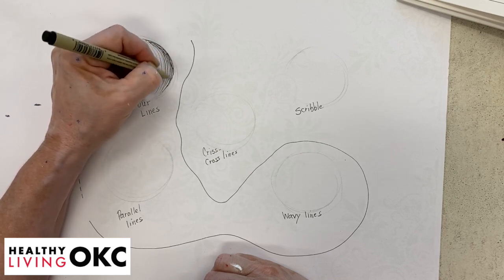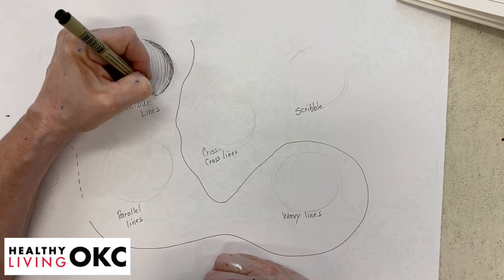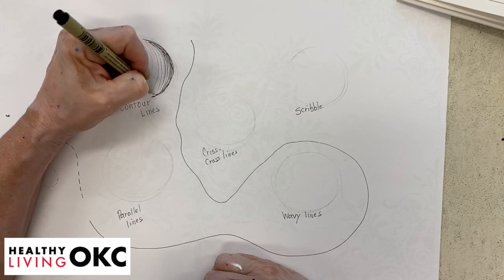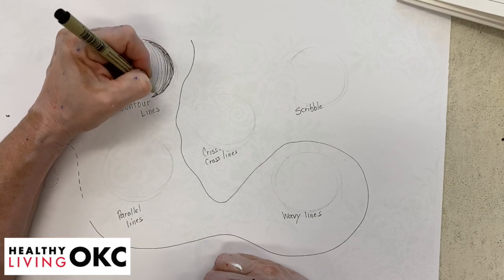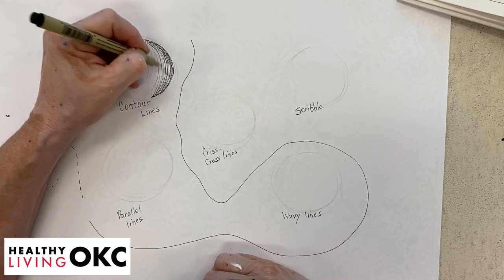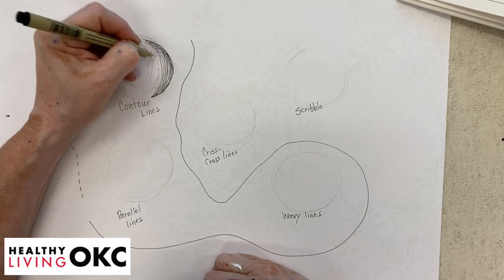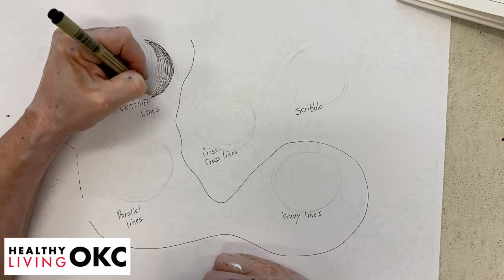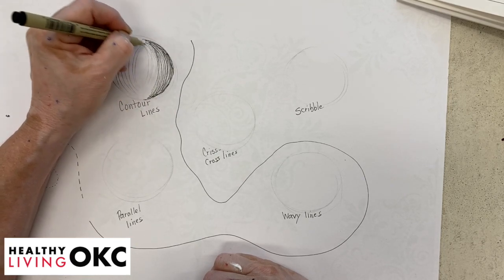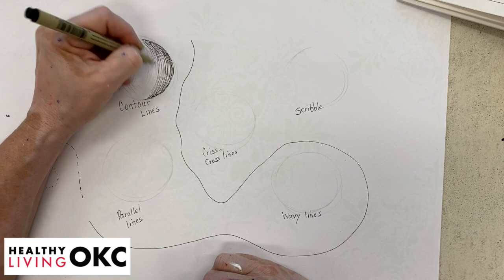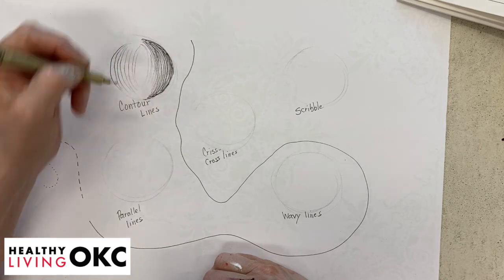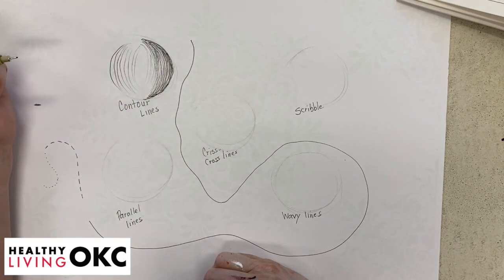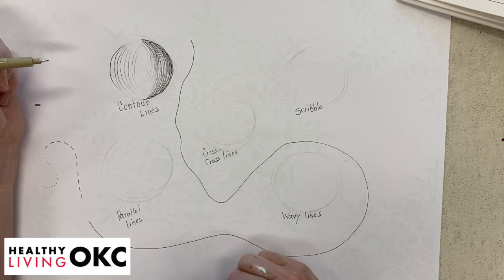And you just put more and more contour lines where you want it darker and less where you want it lighter. Okay, and we would continue on with that. I'll show you the finished one here in a little bit.